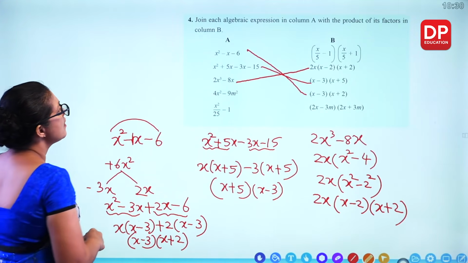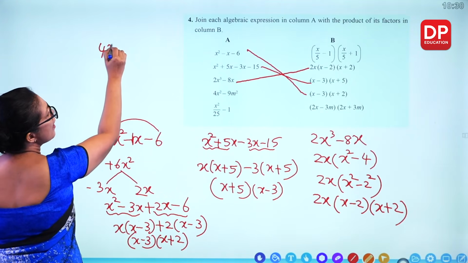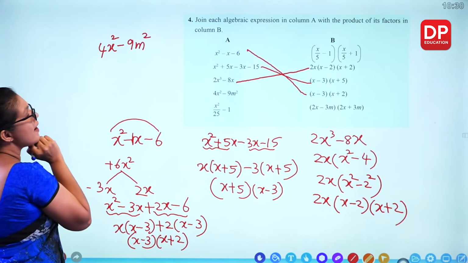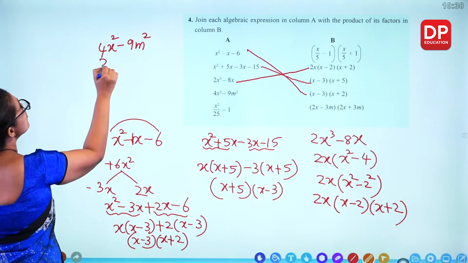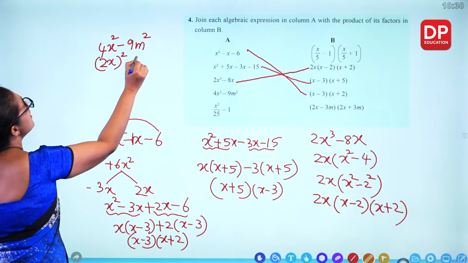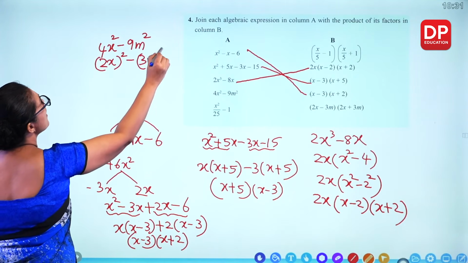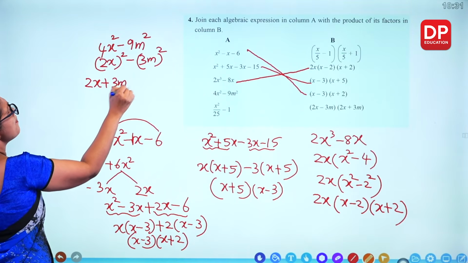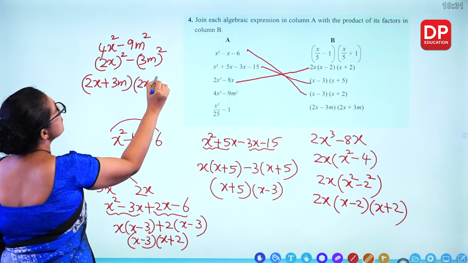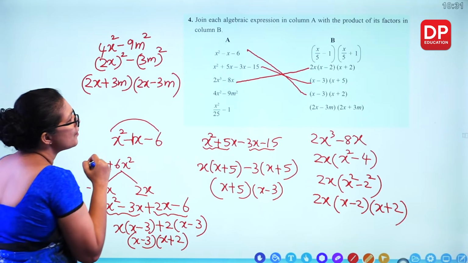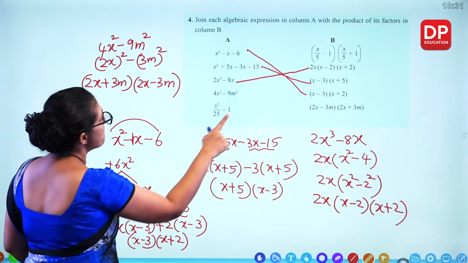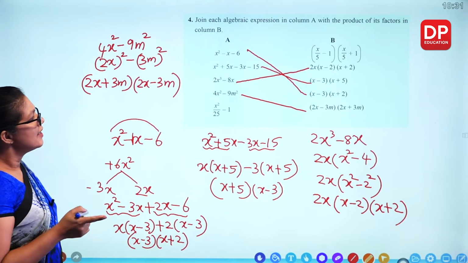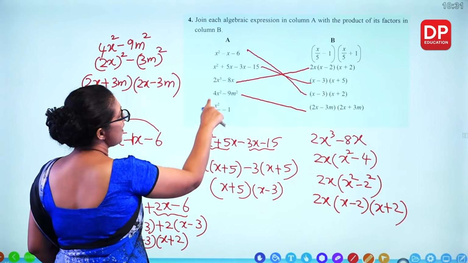The other one, 4x squared minus 9m squared. I can rewrite it as squared terms: 2x whole thing squared and 3m whole thing squared. So what are the factors? 2x plus 3m, 2x minus 3m. Where's that? Yeah. Definitely the other one is this one, but this is a fraction.